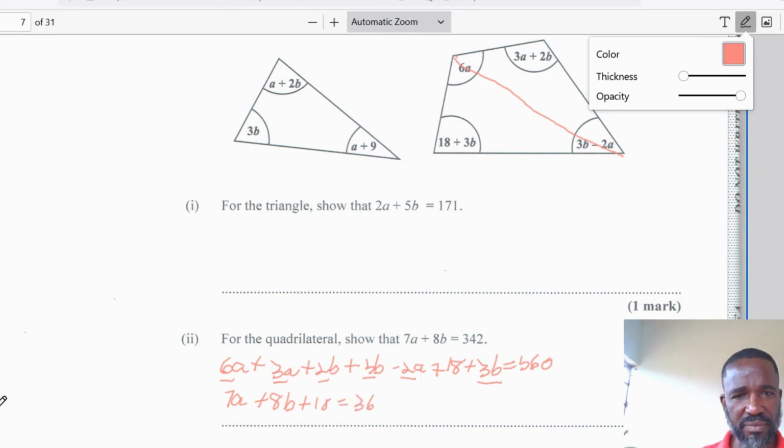360 degrees. Now, like the previous one that we did earlier, this 18, we are adding this 18 on the left hand side.